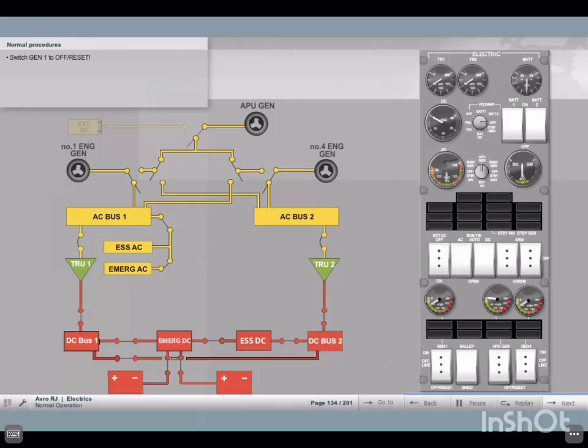Go ahead. Then generator 4 is switched off, and thereafter the APU generator is powering the whole electrical system. Go ahead.